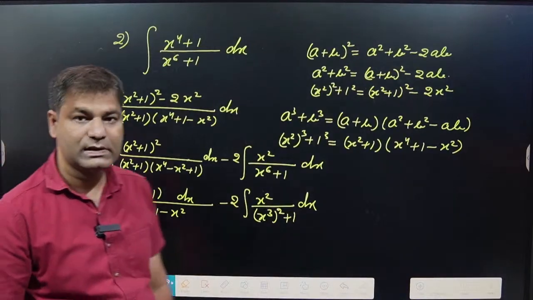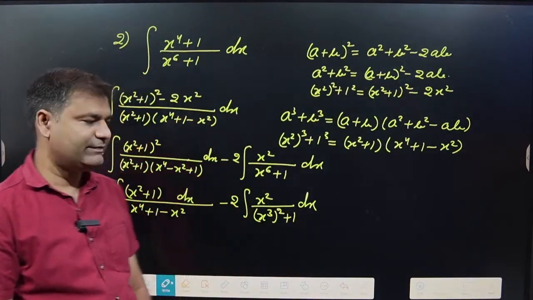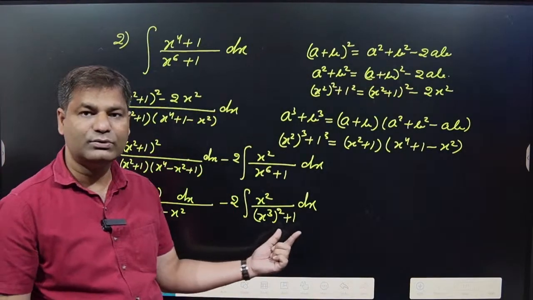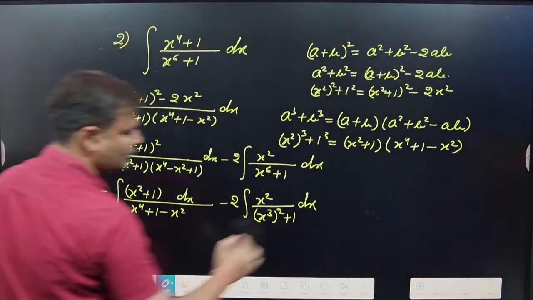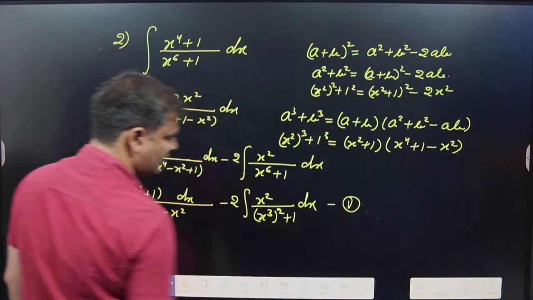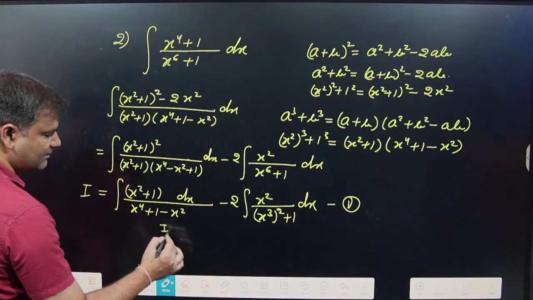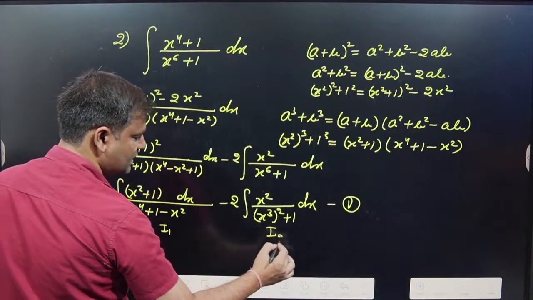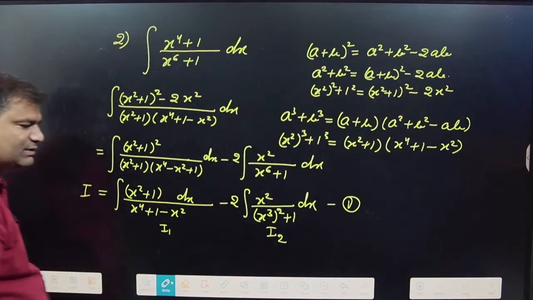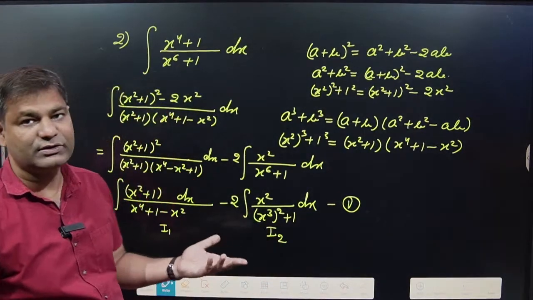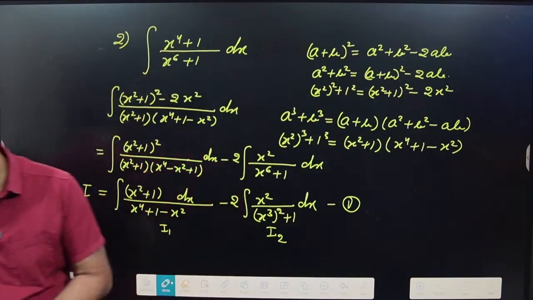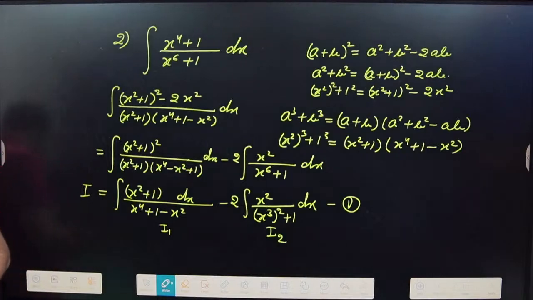Is that clear? Call this I1 and that I2, and the whole thing I, equation number 1. You can solve I1 and I2 individually, and after that put these two values here and we get the final answer. I hope it is clear.